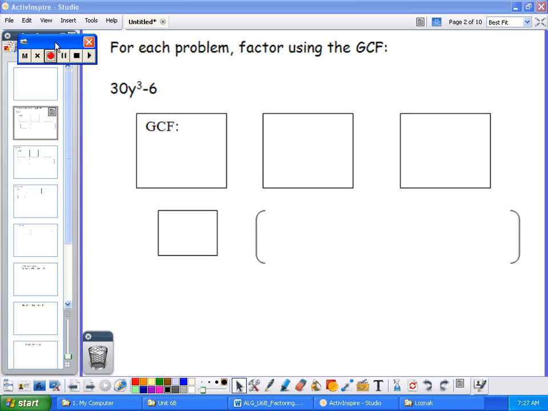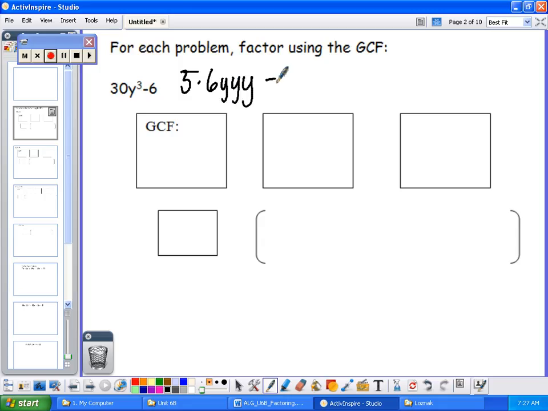So yesterday you learned that I could write 30y cubed minus 6 as 5 times 6 and 3y's minus 2 times 3, which would give me 6.